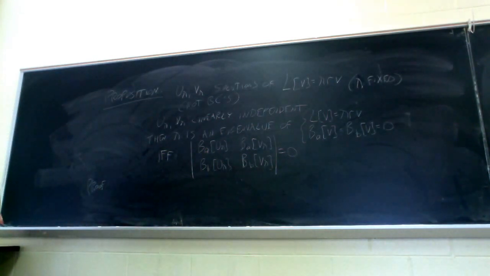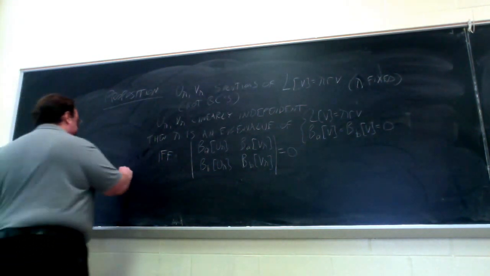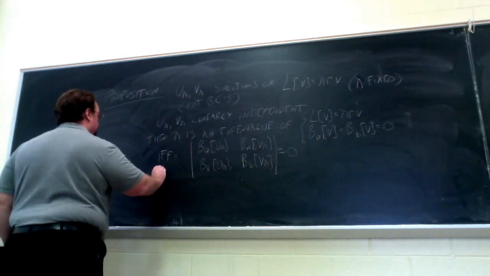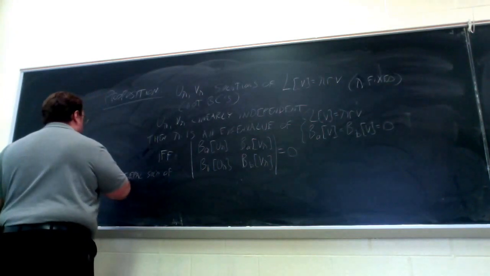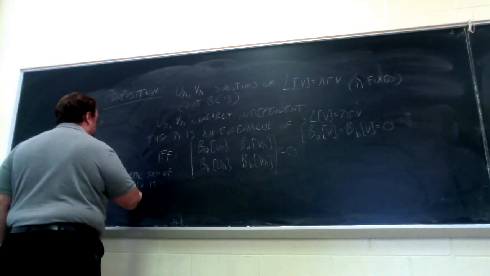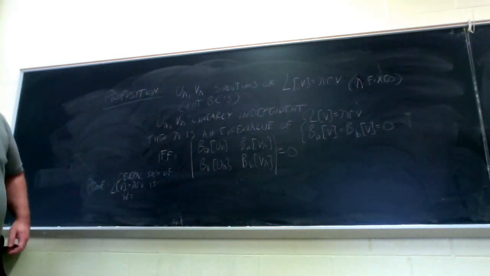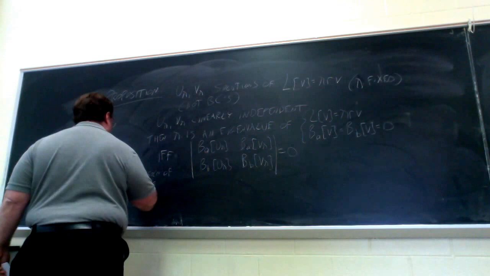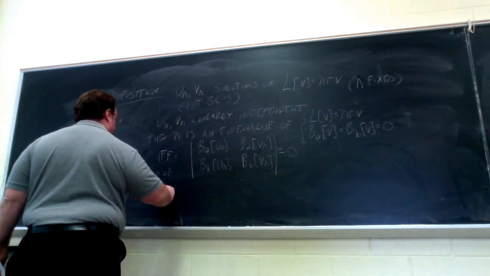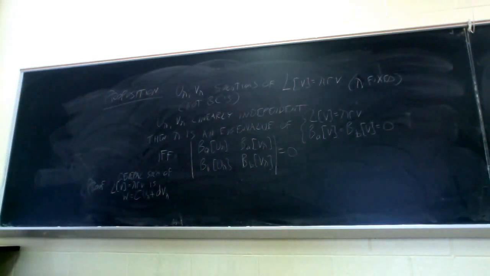All right. So because these two solutions are linearly independent, and this is a second order ODE, the general solution of this ODE has this form, I'll call it W, is some constant times u lambda plus another constant times v lambda. So all solutions of the ODE have that form.